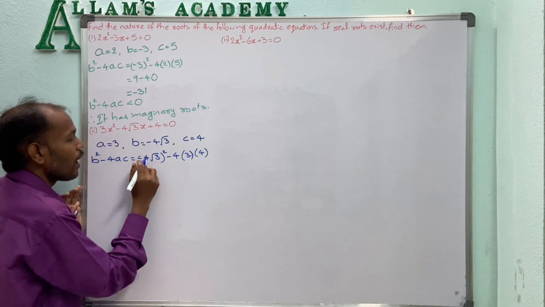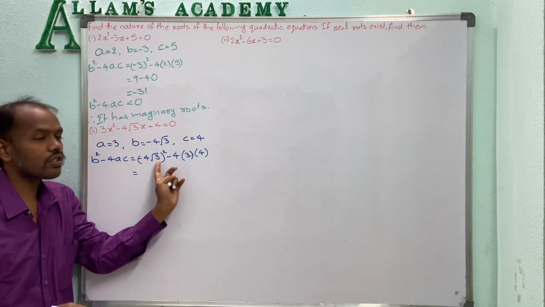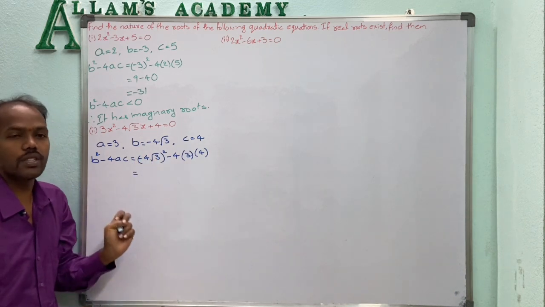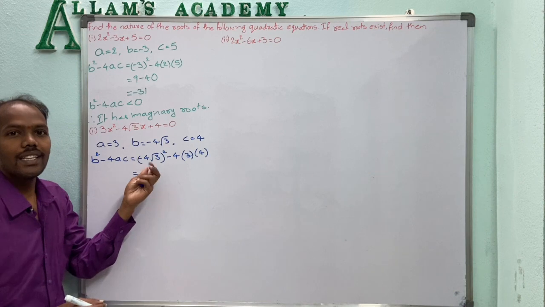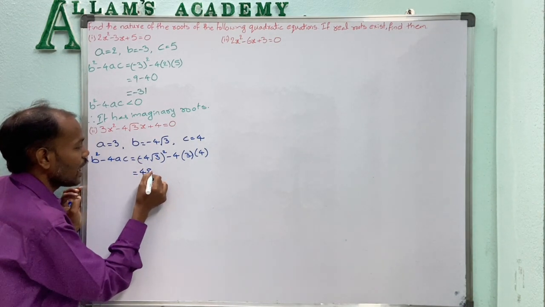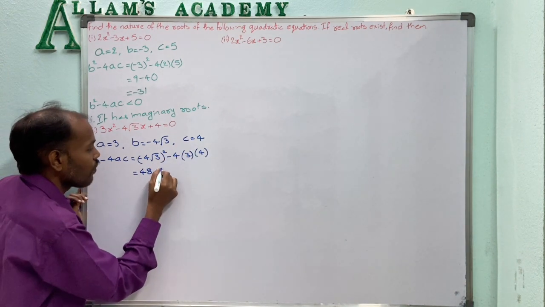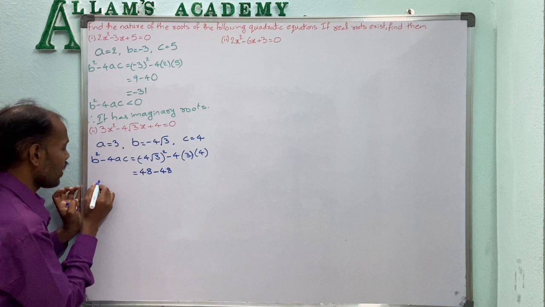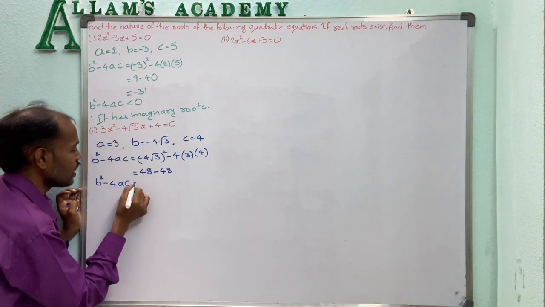So minus 4 root 3 whole square, minus square means that is plus, 4 root 3 whole square means 4 square into root 3 square. 4 square is 16, root 3 square means 3, so 16 into 3 is nothing but 48, minus 4 threes are 12, 12 fours are 48. 48 minus 48 is nothing but 0, so b square minus 4ac equal to 0.